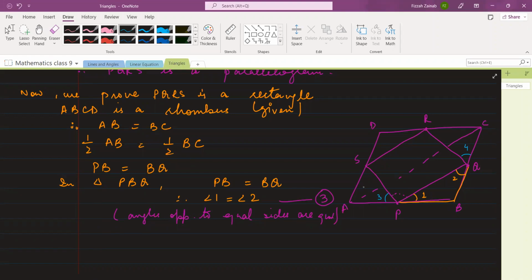If I show that this triangle and this triangle are congruent, then by CPCT I can say that angle 3 is equal to angle 4, right? So let us try to show them congruent. If I take triangle APS and triangle CQR, right?